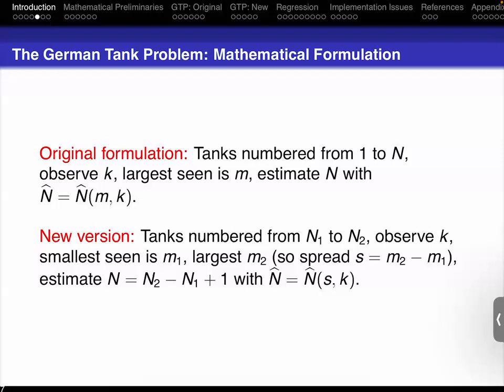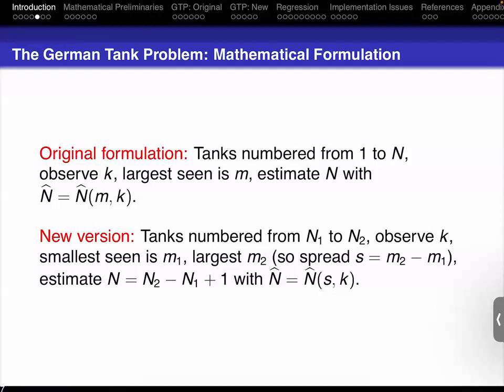What if I keep m fixed and increase k? The largest serial number is 100 and I observed 5 tanks. The largest serial number is 100 and I observed 20 tanks. Where do you think n is probably larger? When you observed 5 tanks or when you observed 20 tanks? It'll go down when you observe more k. Okay, so we think that it should be going up with m, down with k.